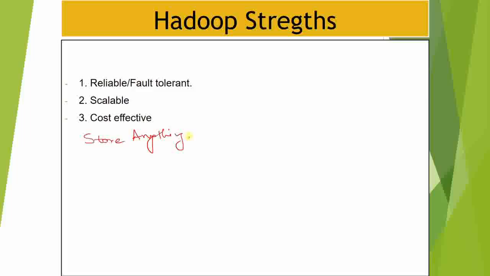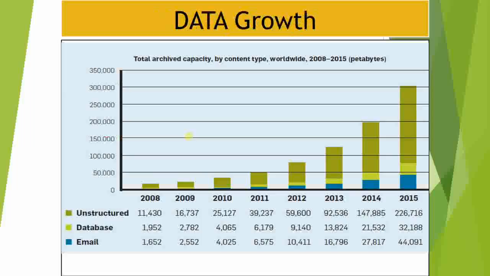So you want your system to store any type of data, and also, along with time, we don't know what type of sources we may have and what type of data we may be generating. So our future system should be able to store and process any type of data, and Hadoop provides a mechanism to do that. Let me go forward and see the data growth we have all across.